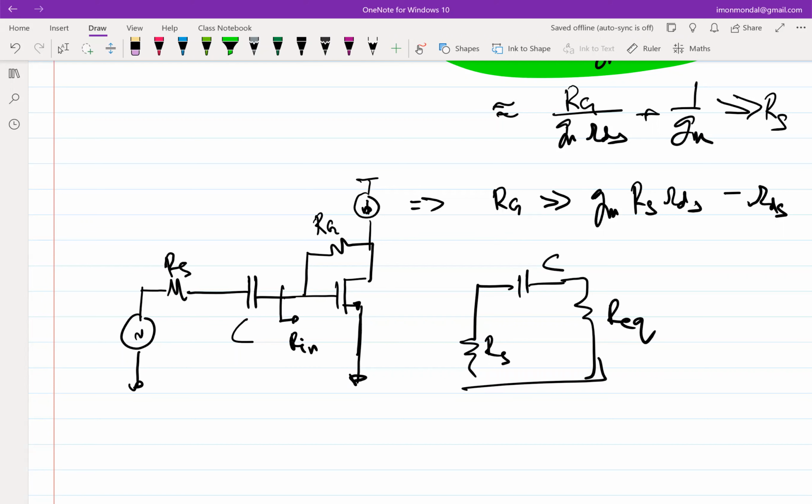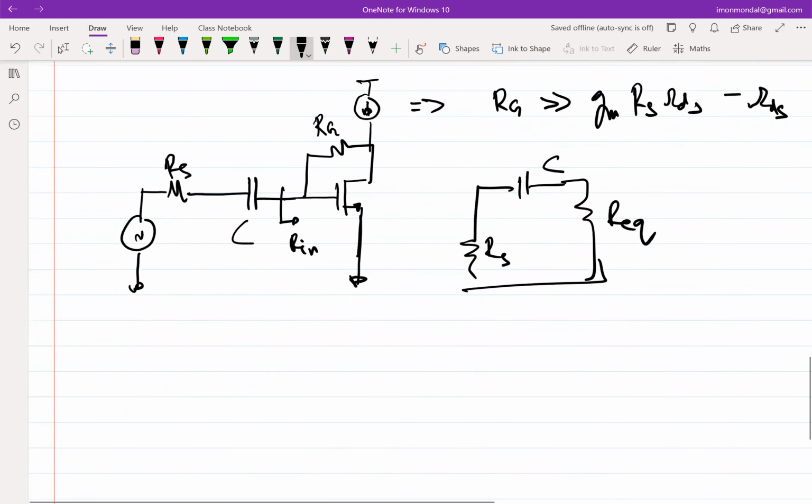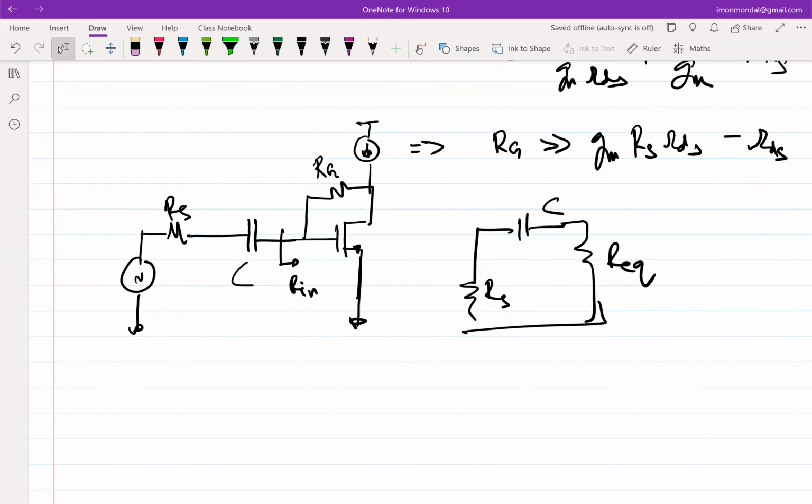One of the constraints on RG that you got was from looking into the gate on the other side of the capacitance, which means the constraint on this capacitor will be in terms of R in and RS. For C to behave like a short circuit, the time constant should be very small. Should the time constant be very small or very large?